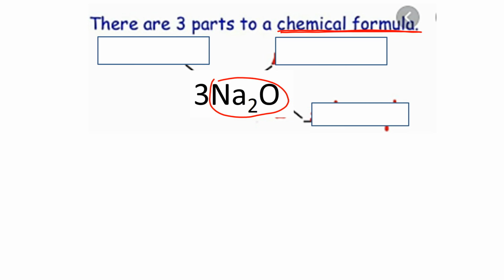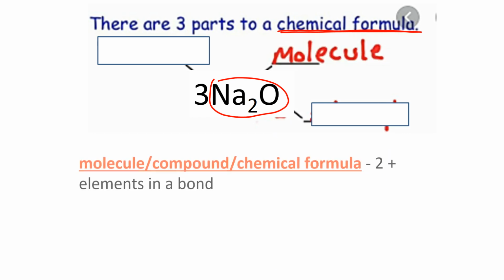All right. And so this part that I have circled, this is the chemical formula, or the molecule. All right. Now, we're going to learn by the end of class today that this is actually an ionic compound because sodium's a metal and oxygen's a nonmetal.